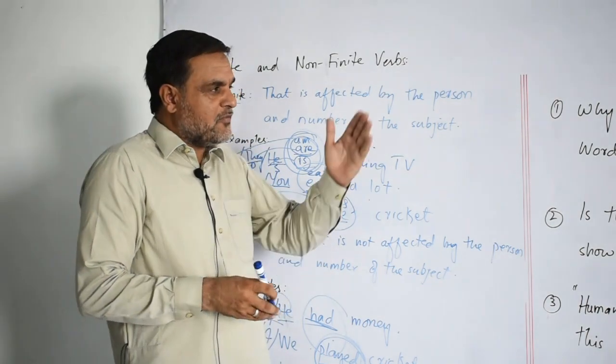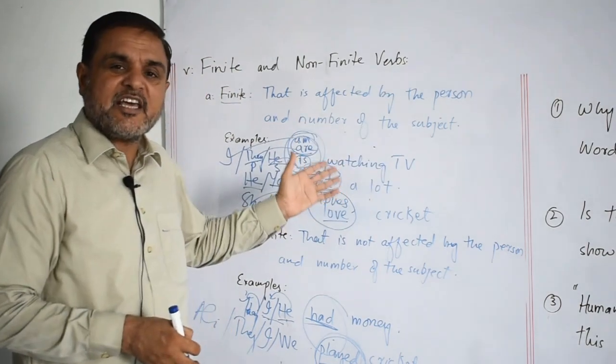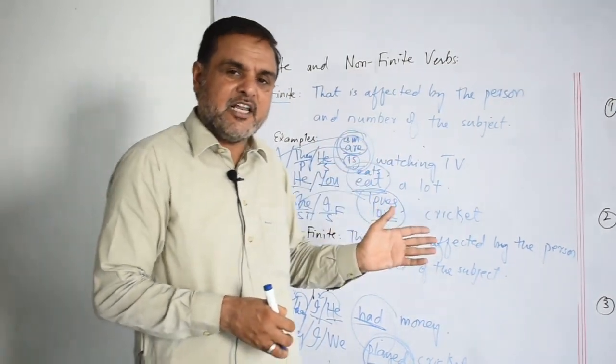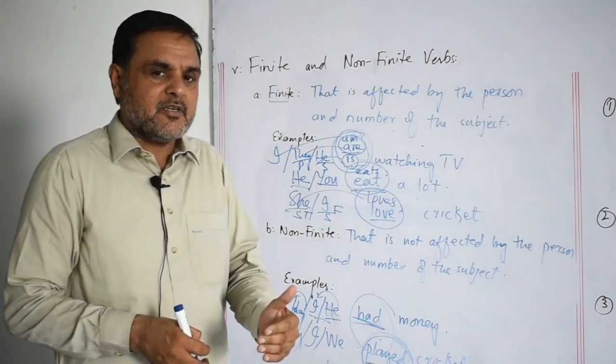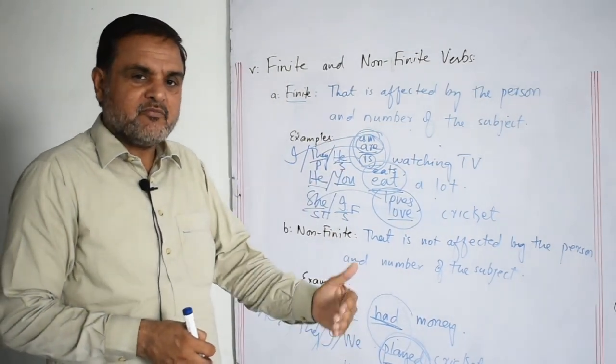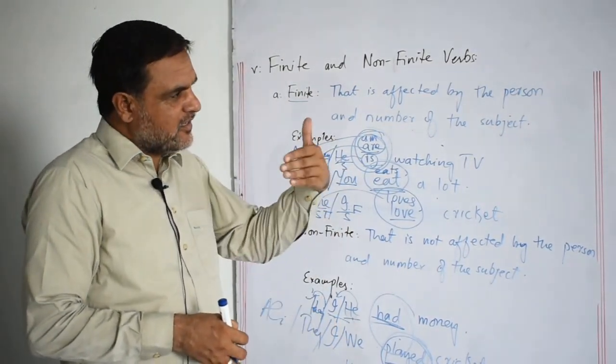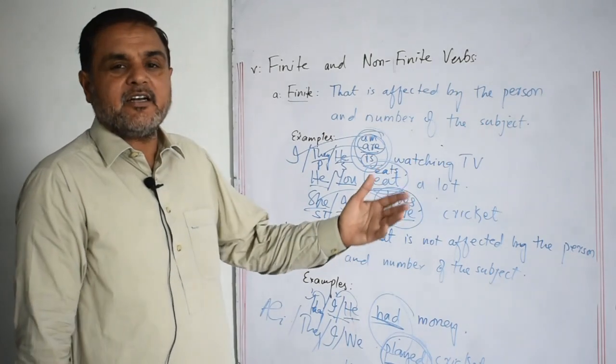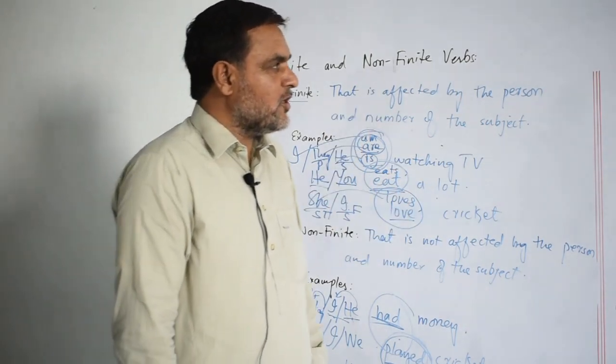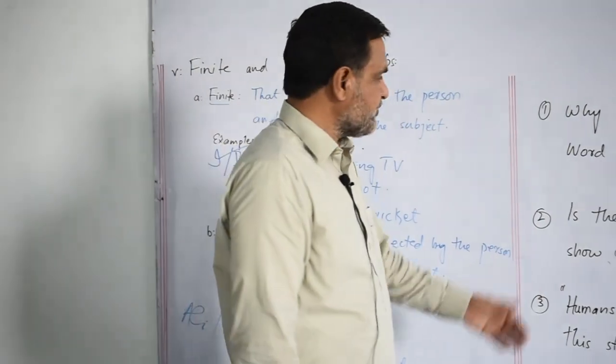I hope you have learned something out of this extensive lecture that I have delivered on verbs, their forms, their kinds, and the rest of the things. In the end, I'm going to ask you some critical questions.